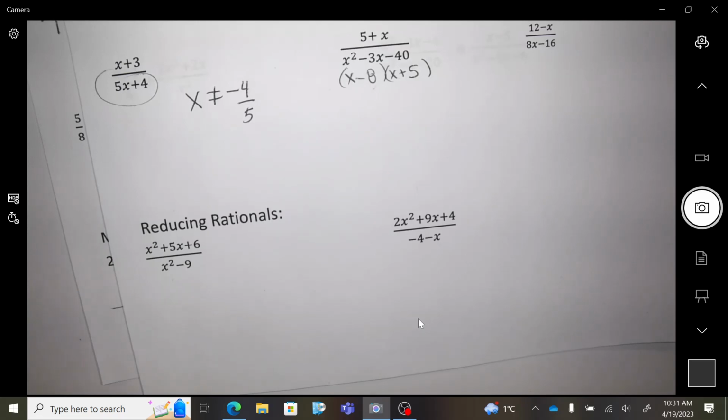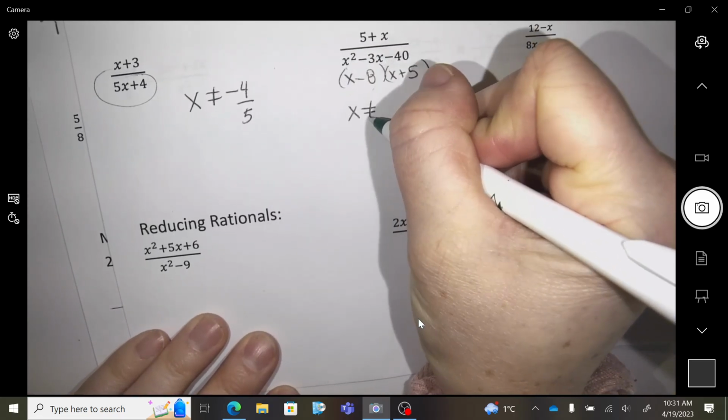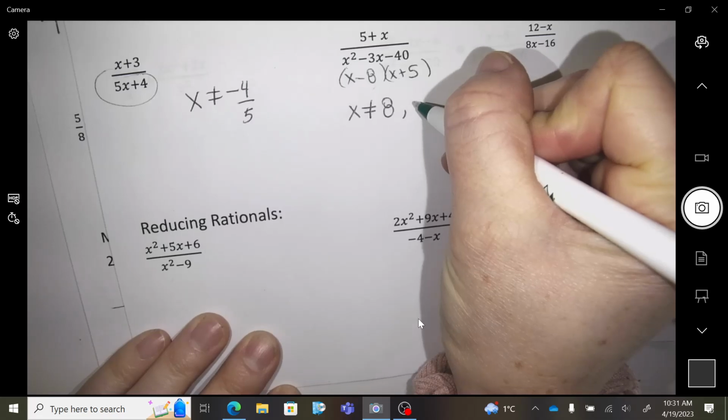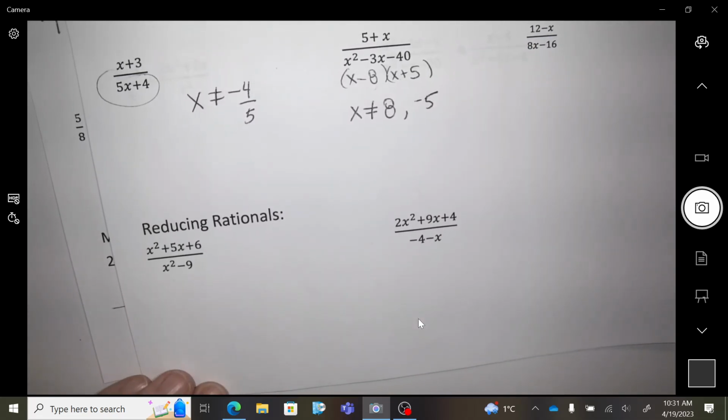Okay, so once you have it factored, you don't want x to equal 8 or -5.